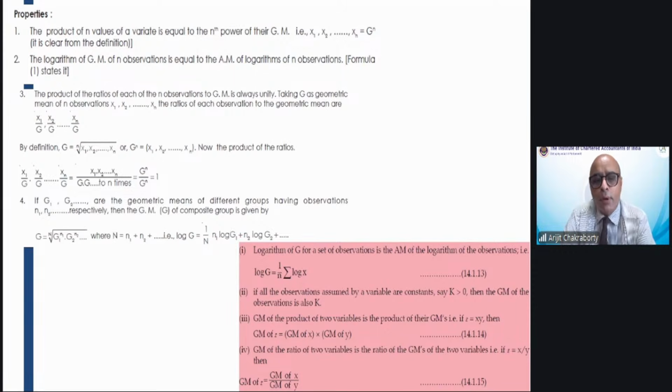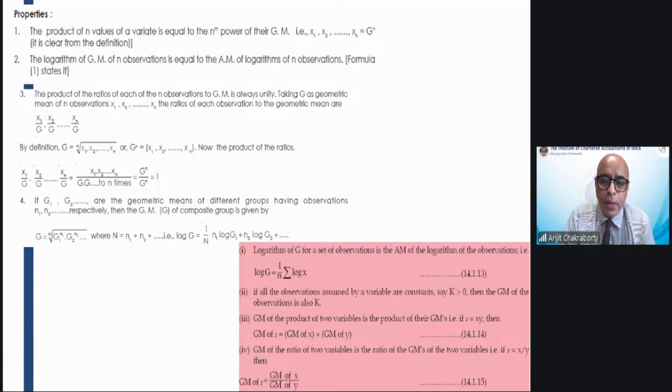The third important point is the geometric mean of the product of two variables. Let us say there are two variables x and y, and the product of x and y is z, so z equals x multiplied by y. If we know the geometric mean of x and the geometric mean of y, can we calculate the geometric mean of z?